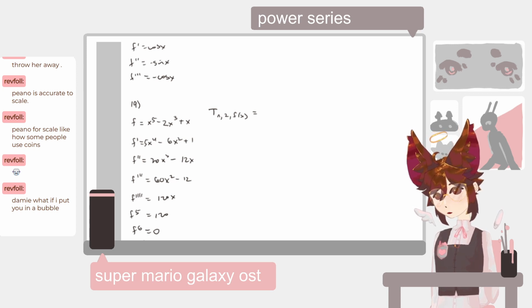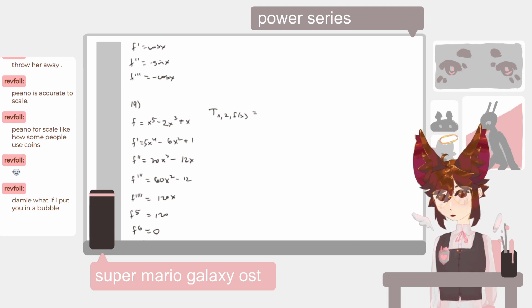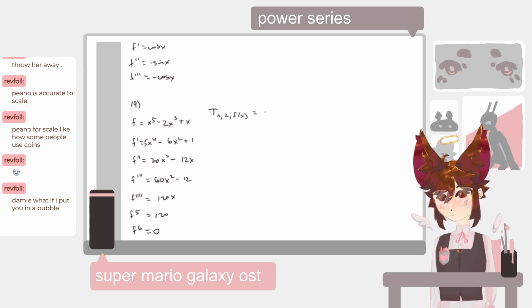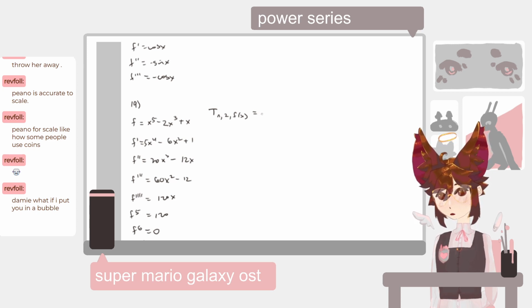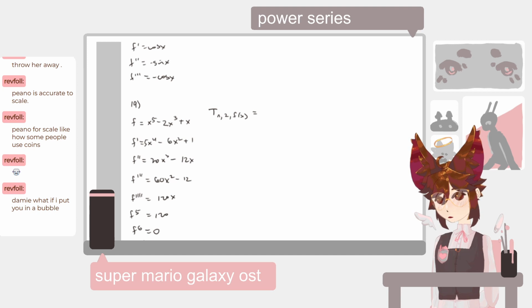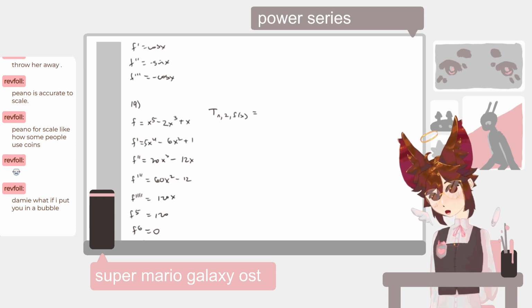Two times, wait, that's just 2 to the 4th. Wait, what? How is that 50? I don't trust that. That should be not a lot. Oh, I said 0 equals 0.